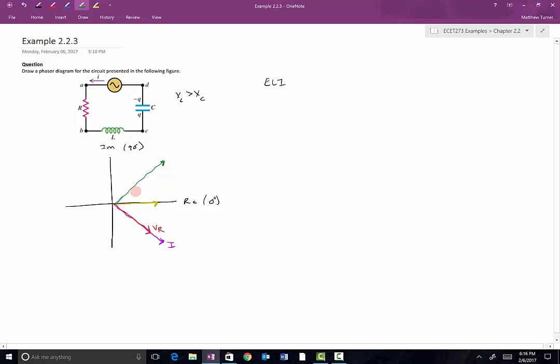That should be a straight line. Computer's lagging a little bit too. Anyway, that's the best representation I can give you for the inductive voltage VL. I'll add that it's equal to I times X sub L. And I could have indicated that VR was equal to I times R.